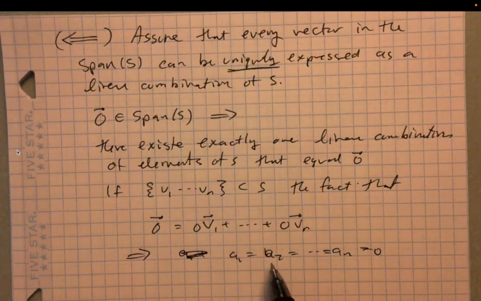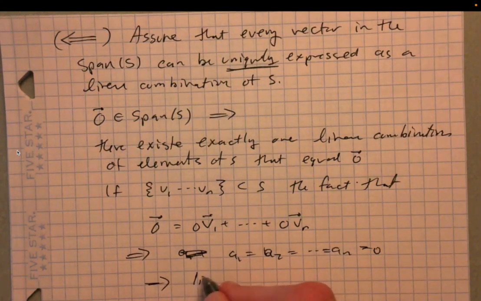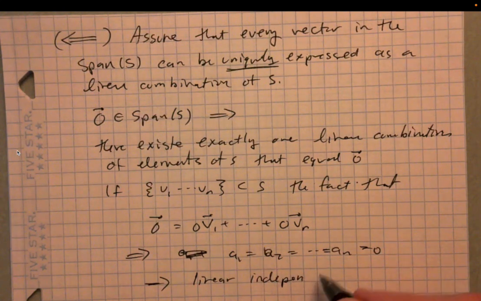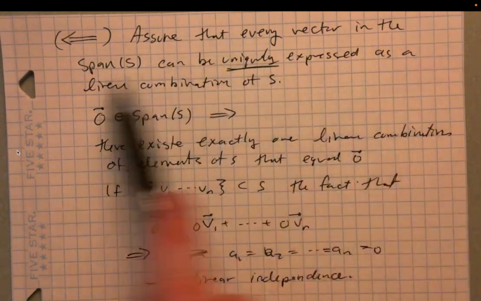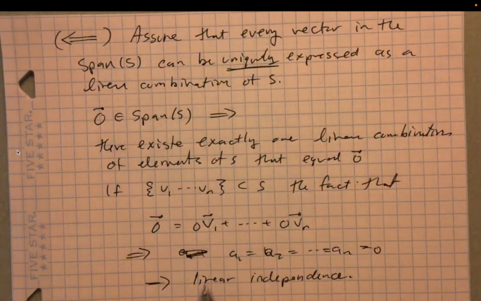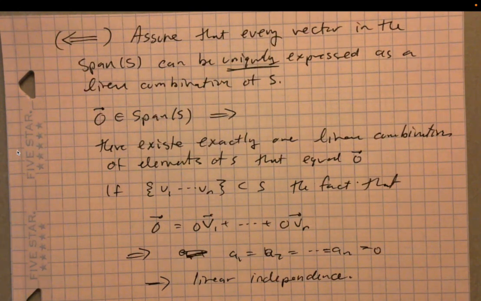This equation implying this fact about the scalars was the condition needed for linear independence. Okay. And that's what we're trying to prove, right? We're saying if every vector in the span can be uniquely expressed as a linear combination of S, then that implies that S is linearly independent. Okay, and that's the proof.